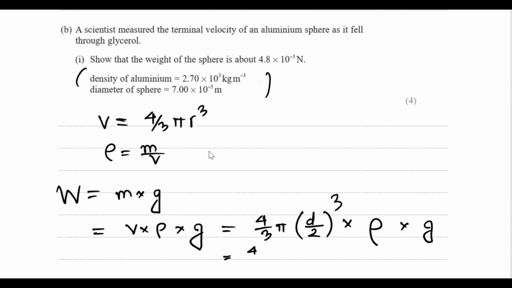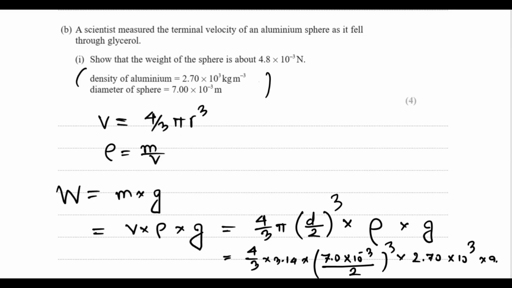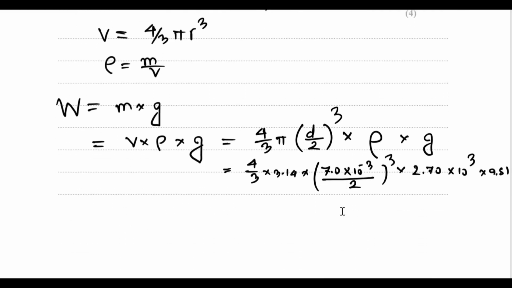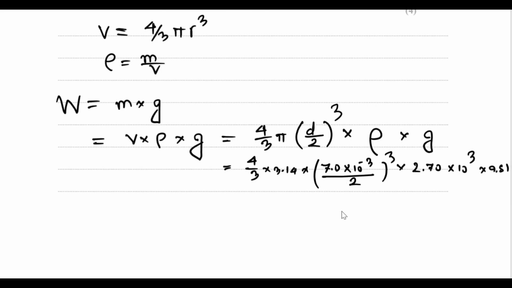So 4 by 3 pi 3.14, and diameter is 7 into 10 to the power minus 3 meter divided by 2 then cube, and density of the aluminum is 2.70 into 10 to the power 3, and 9.81 is the acceleration due to gravity, that means gravitational field strength.